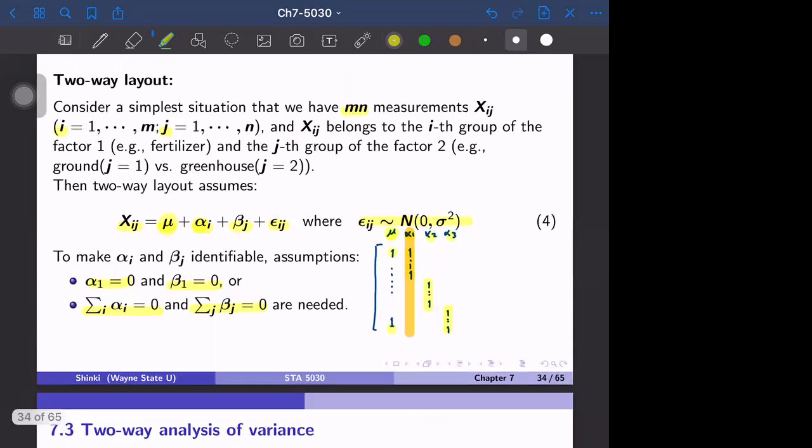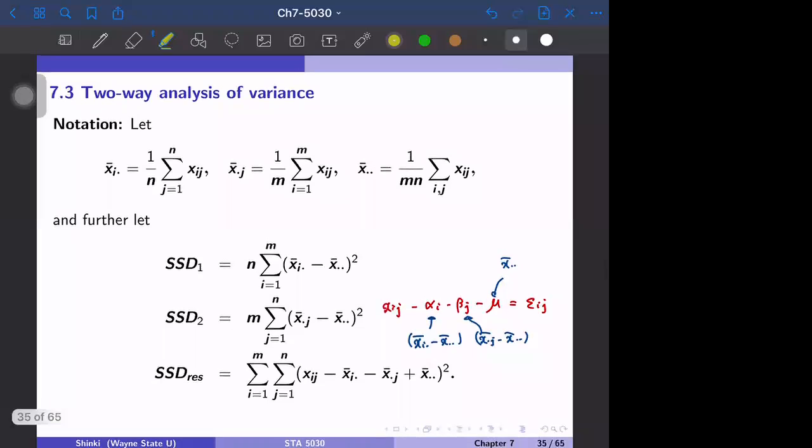Okay, some notation. x_i dot bar is the group mean of the i-th level of the first factor, and x dot j bar is the group mean of the j-th level of the second factor. x dot dot bar is the overall mean. Then we can define the sums of squared deviations. The first one is the sum of squared deviation between groups for the first factor, SSB1.